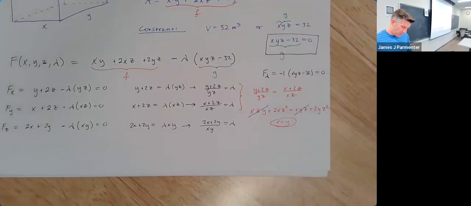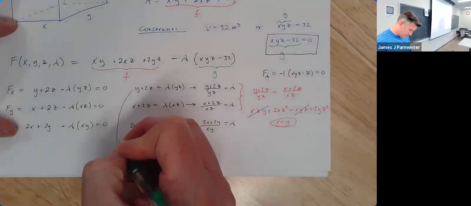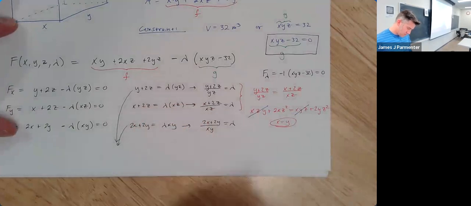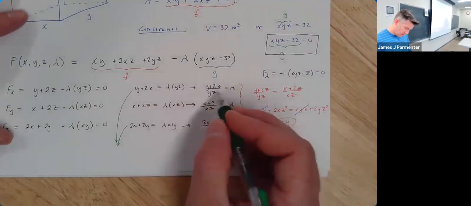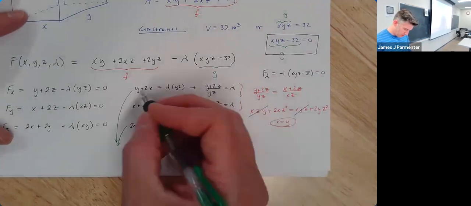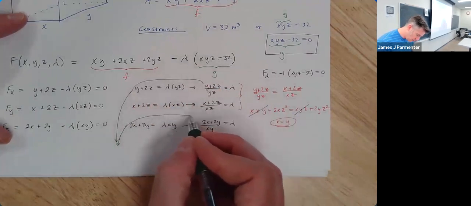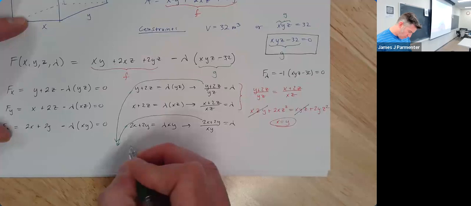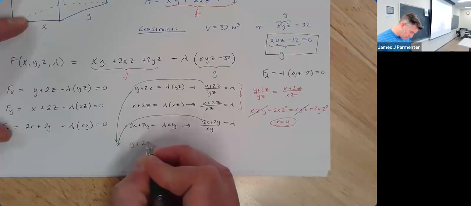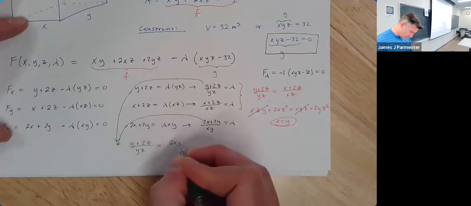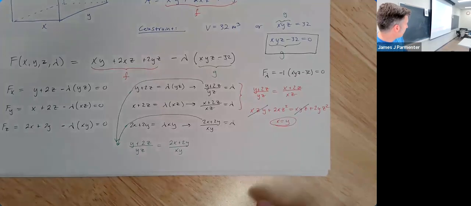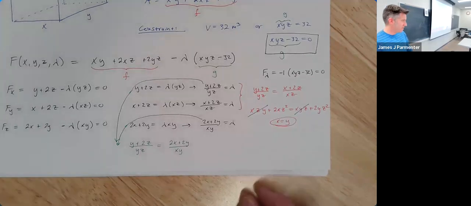And then just to change it up, let's set these two equal to each other. So I've got (y + 2z)/(yz) = (2x + 2y)/(xy). I would probably cross multiply here.